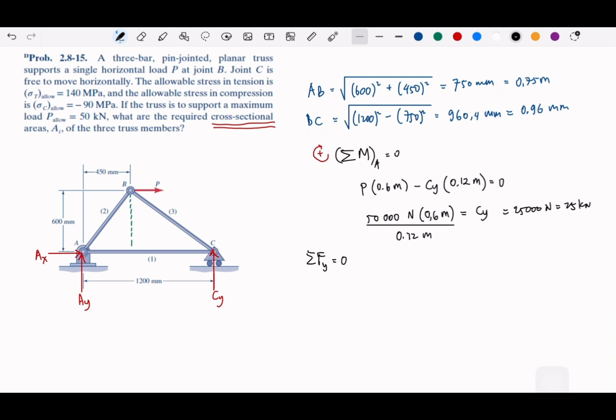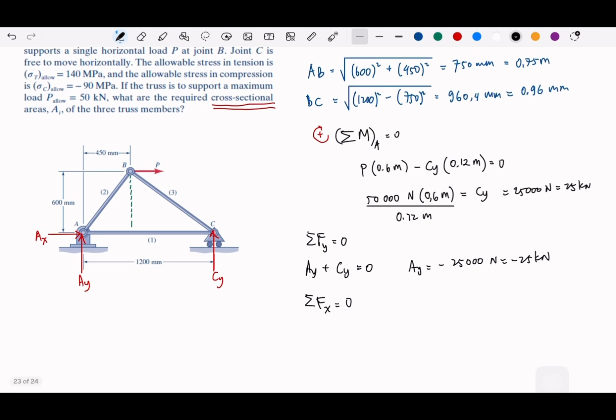So AY we know from the CY. Let me write with black color. So AY plus CY equals 0. So AY is minus 25,000 Newton, or negative 25 kilonewton. And then sigma Fx equals 0. This will be AX plus P equals 0, so AX is negative 50,000 Newton, or negative 50 kilonewton.